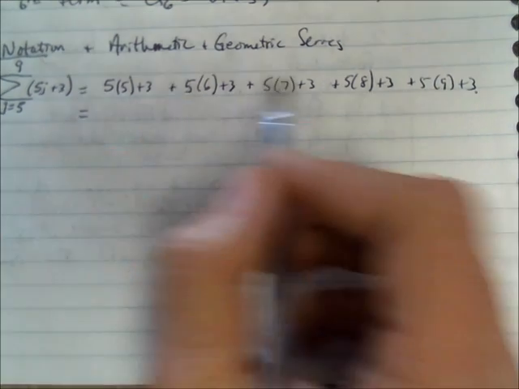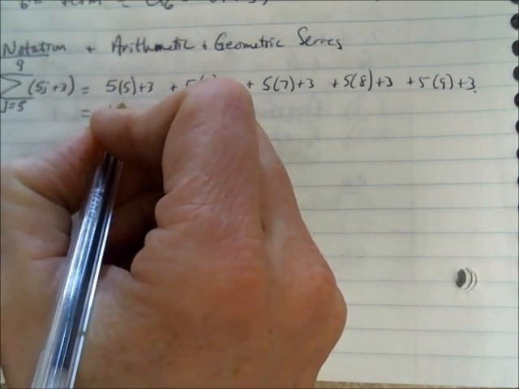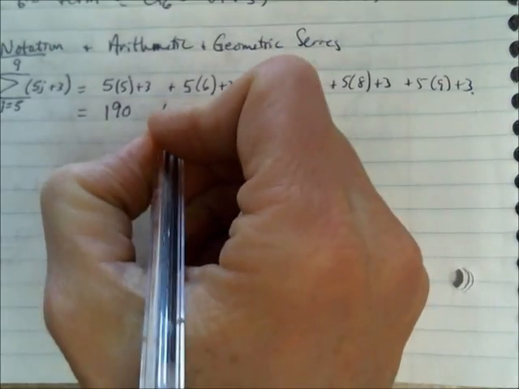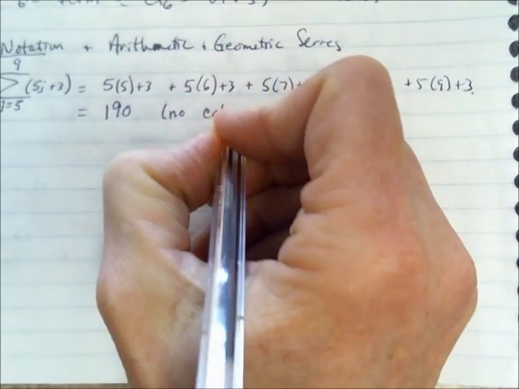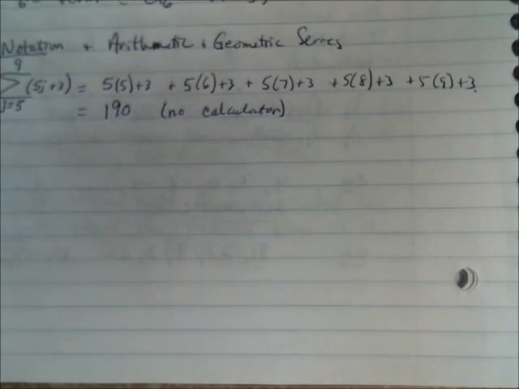When you add those together, you should come up with the answer of 190, I believe it is. So no calculator, because the calculator is a crutch for the sigma notation.